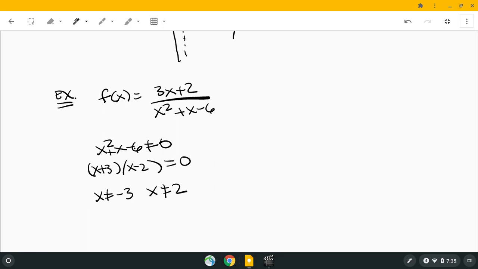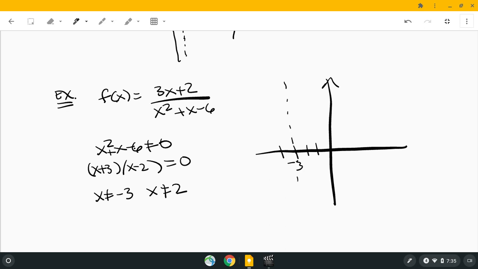Those are our excluded values. So here at -3, you would have this vertical asymptote. And also over here at 2, you would also have a vertical asymptote. So just be able to identify the vertical asymptotes. It's where those excluded values are.